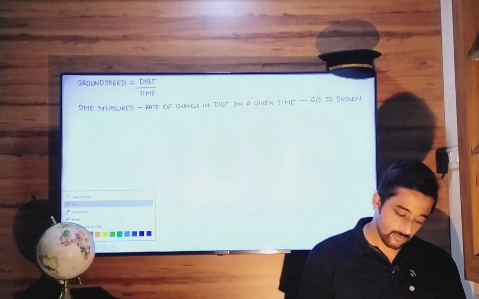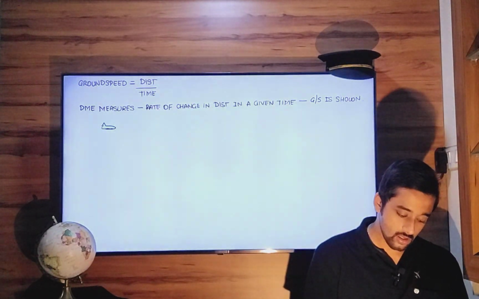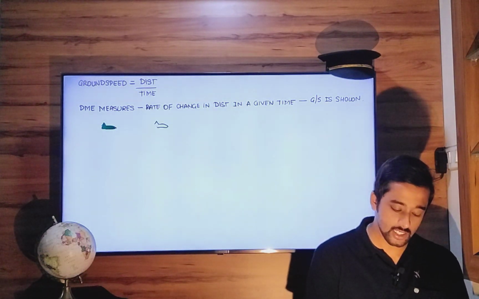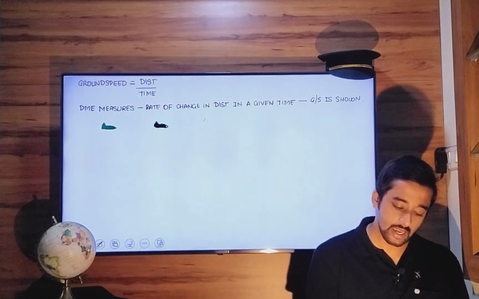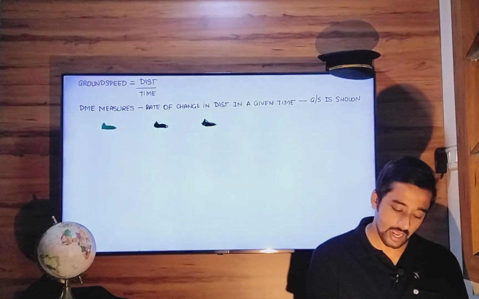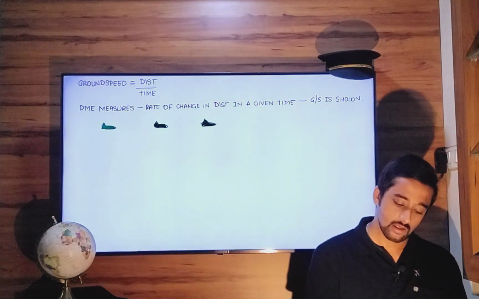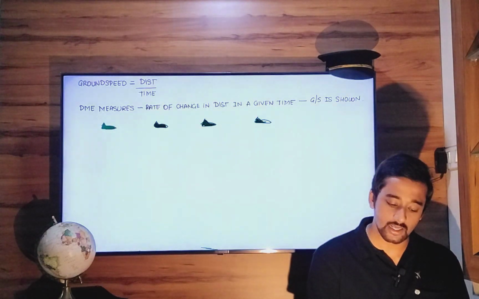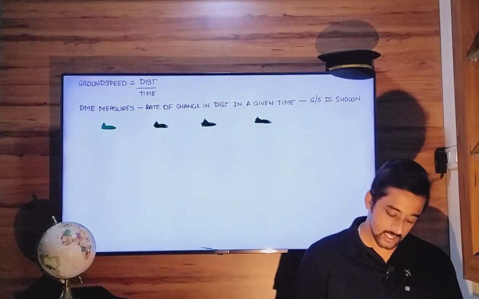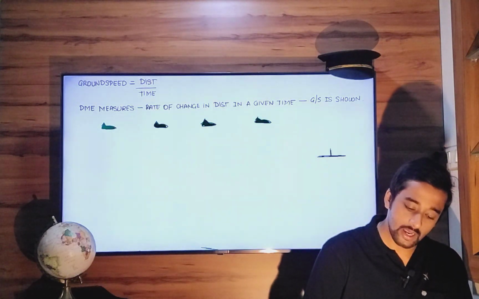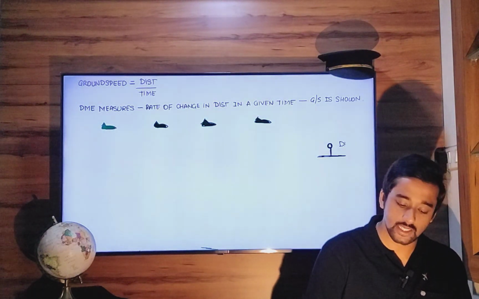So as aircraft approaches this DME station, the slant range between aircraft and DME station will decrease, right? Now the rate at which this slant range decreases, how fast or how slow, depends on how quickly you are approaching this DME station.